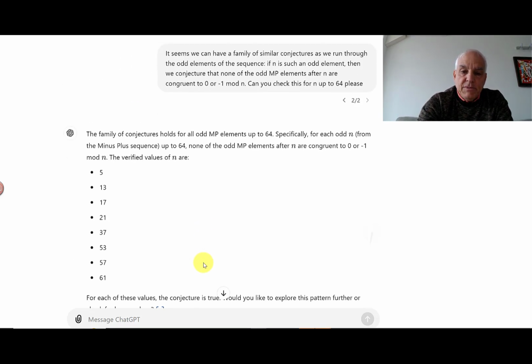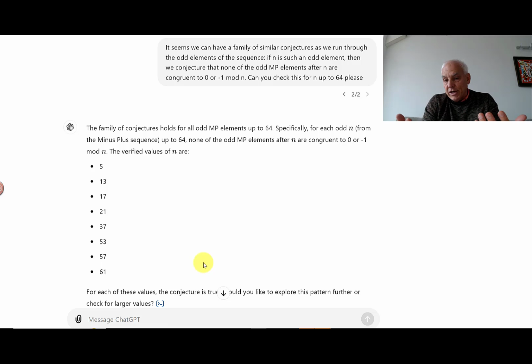Then I say, okay, it seems we can have a family of similar conjectures as we run through the odd elements of the sequence. You see, the 5 and the 13 were the initial odd elements in the sequence. The next one is 17, and then 21, and then 37, then 53, and then 57 and 61.